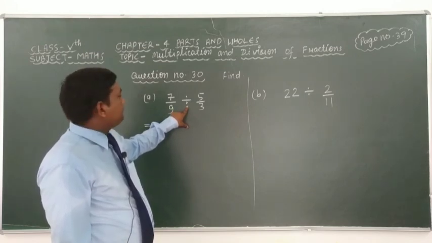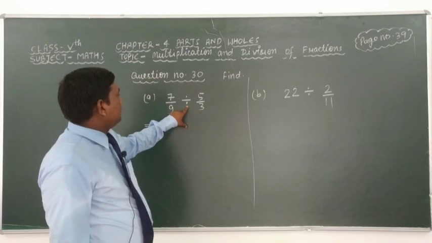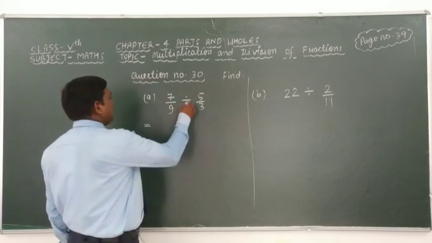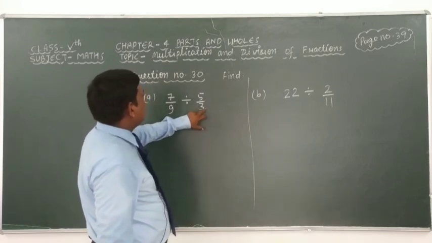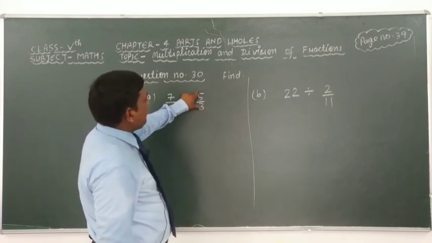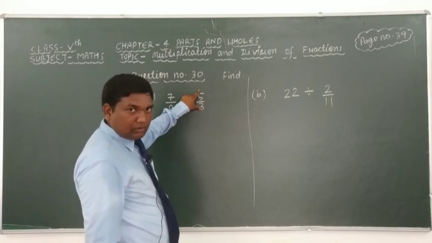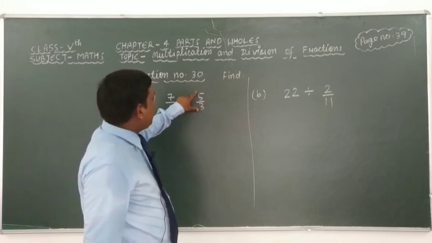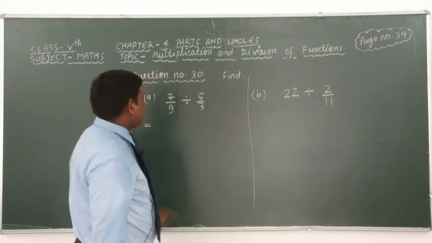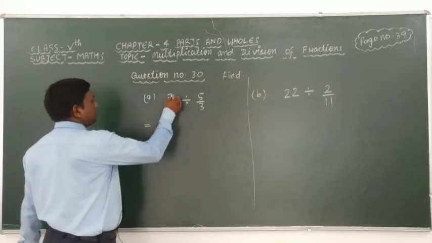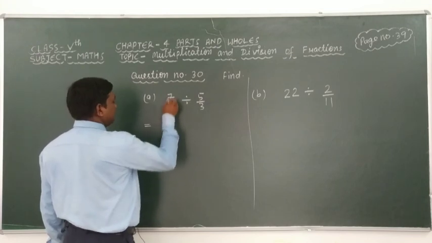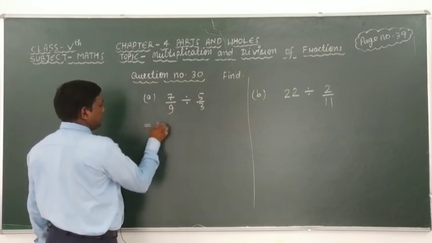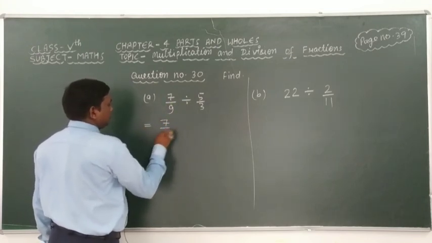Okay, dear students, after using this property we have to change this fraction into the reciprocal of 5 over 3. Firstly, we change this division into a multiply sign. Here we write 7 over 9 the same.